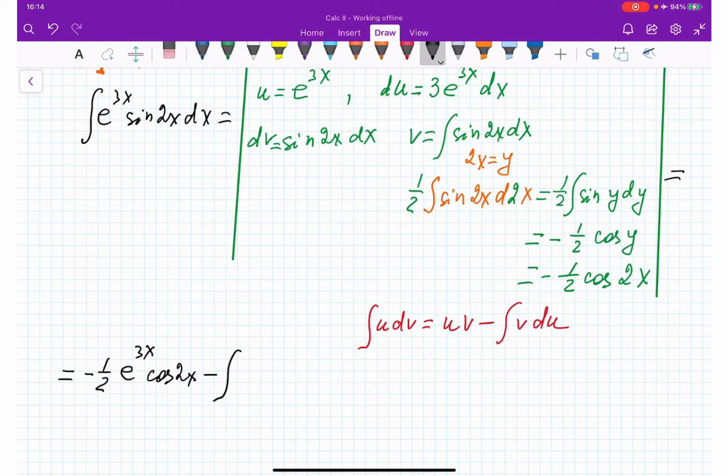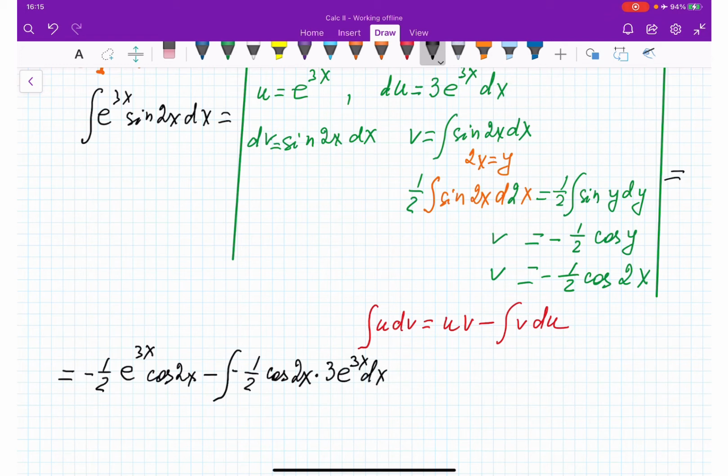This is going to be negative 1/2 cosine 2x, times 3 e to power 3x dx.